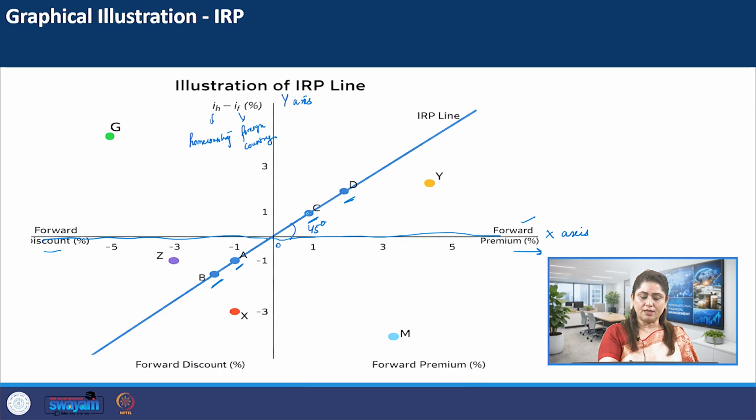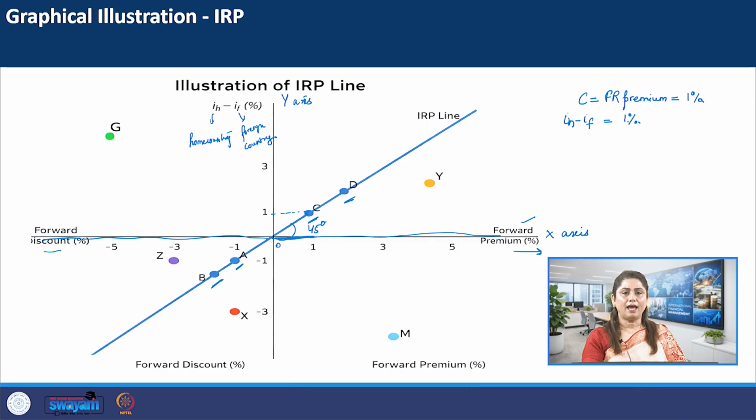So at this point, let us say C, the forward rate premium is equal to 1%, and IH minus IF is also equal to 1%.